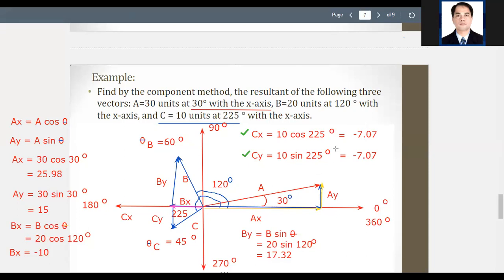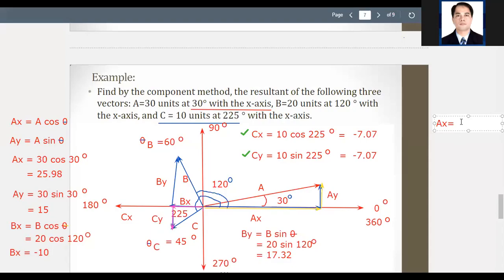But we did not just put a sign there, our calculator gives us really a negative answer. Now, another thing, when we have C sub Y, since C sub Y is going downward, downward usually is also the negative Y axis. So we see that we have also a negative 7.07 value, which is consistent now with the directions of the negative x and the negative y axis.